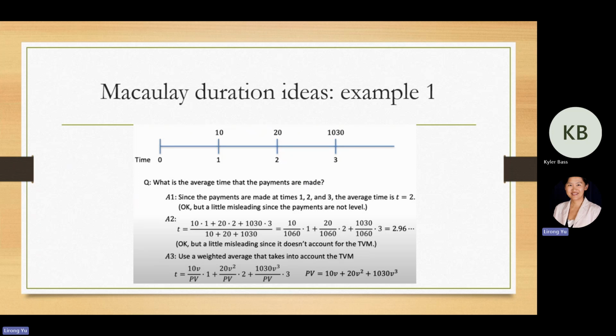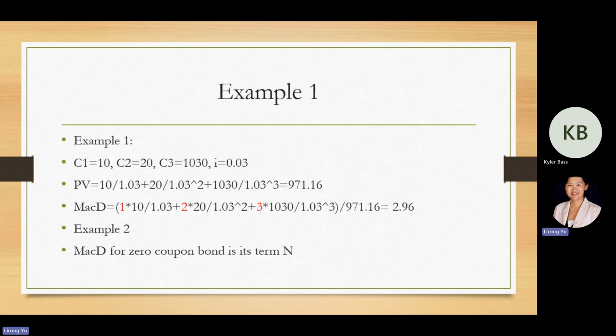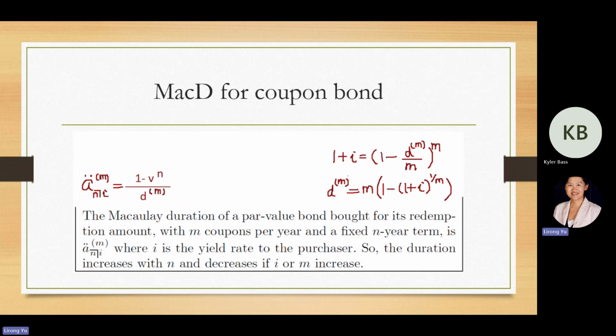Then the 1,000 has a present value of 1,000 over 1.03 to the power 3, and that's also the total present value. So it's 100% at time 3, and there's no other cash flow. Of course, the Macaulay duration will be equal to the term. Any questions?